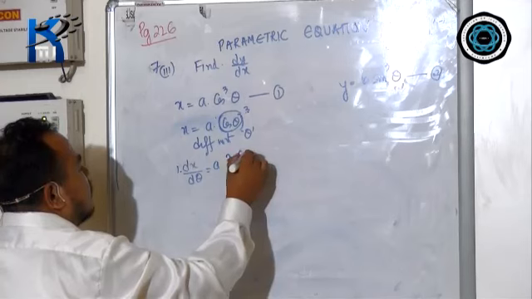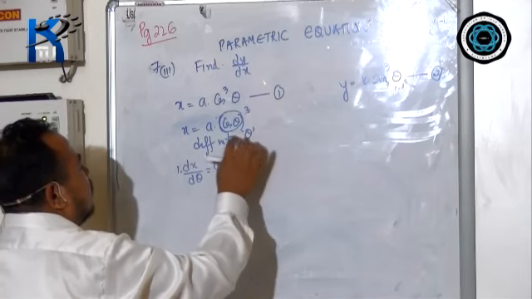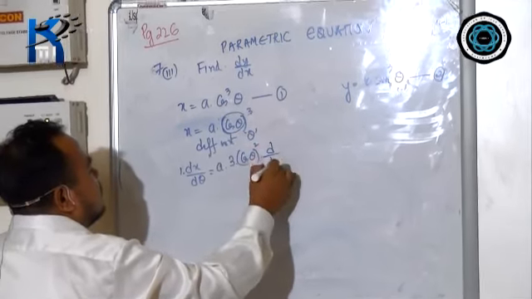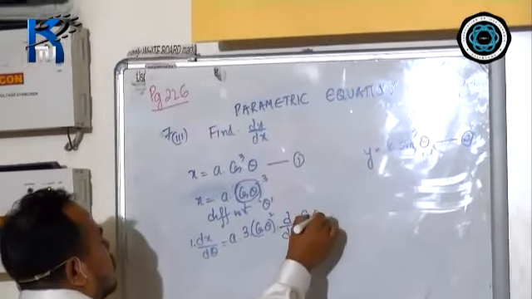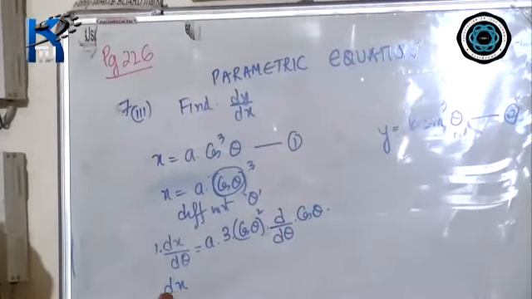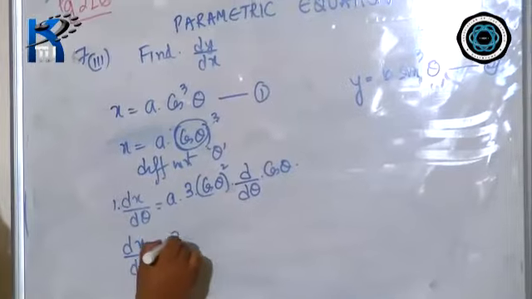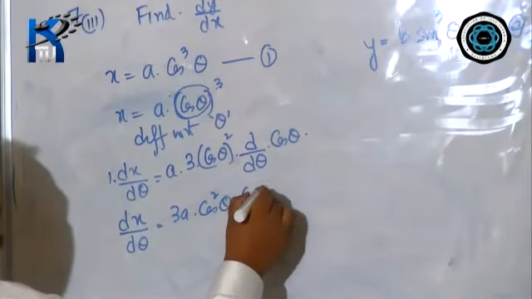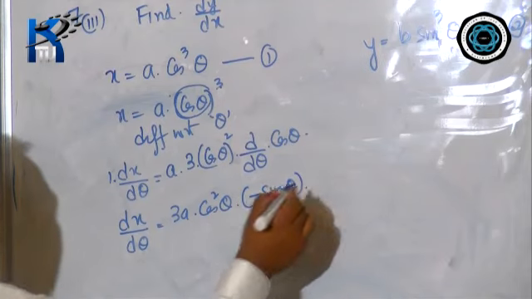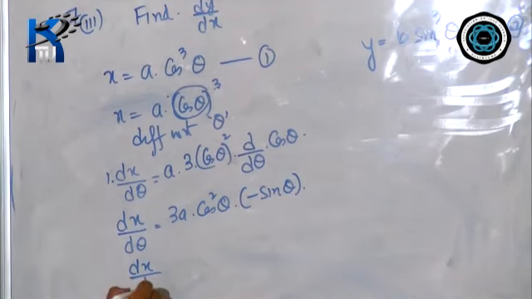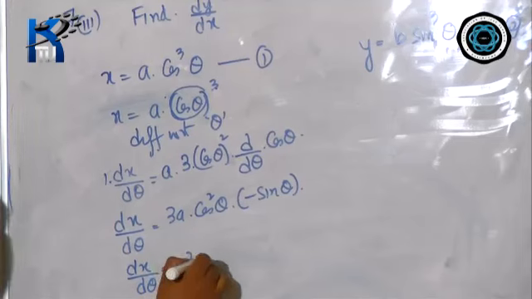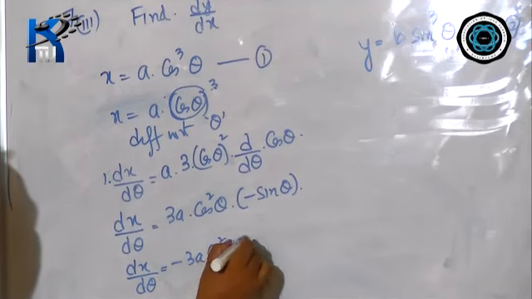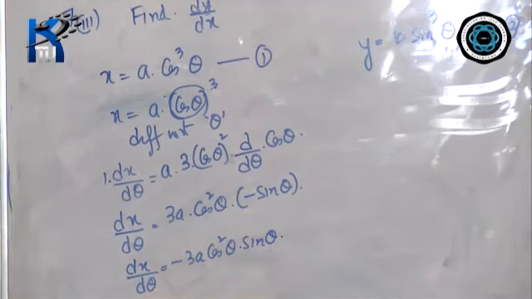You get (cos theta) whole square, but this is just an assumption. So d by d theta into cos theta. So what do I get? dx by d theta equal to a cos square theta. And what's the differentiation of cos theta? It is minus sine theta. So dx by d theta equal to minus 3a cos square theta into sine theta.